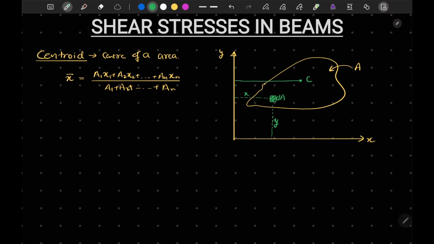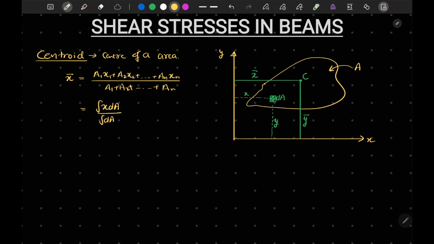Let's say the centroid is at x bar and y bar, and the centroid is of course denoted by capital C. So x bar can also be written as the integration of x dA upon the integration of dA.